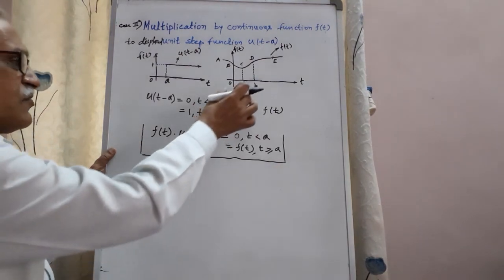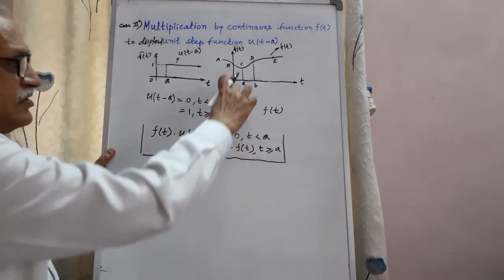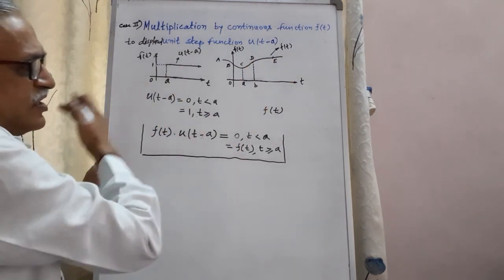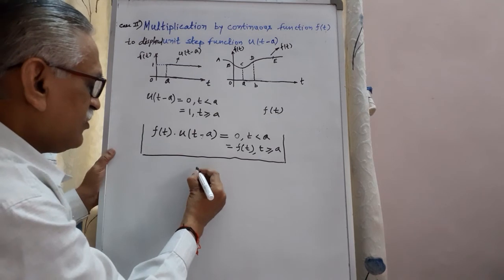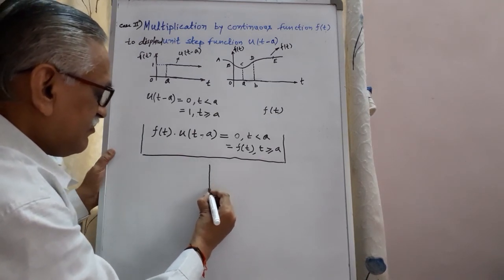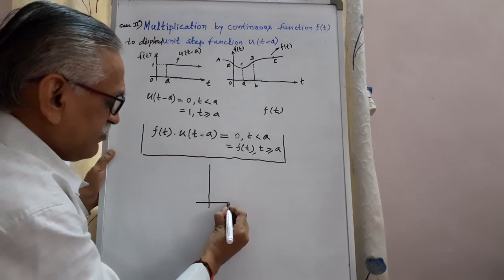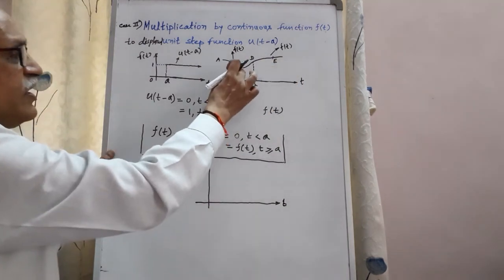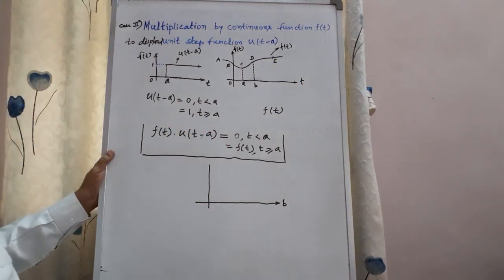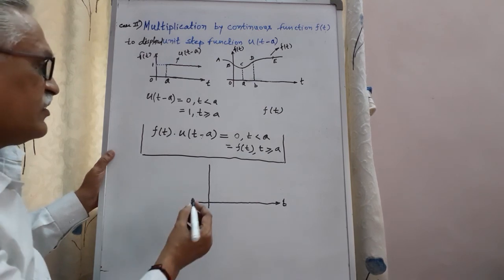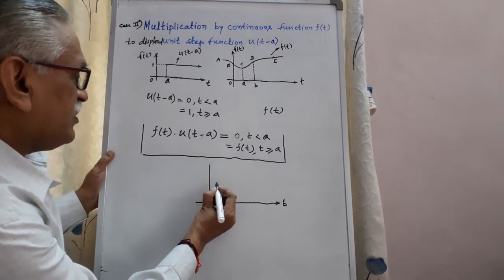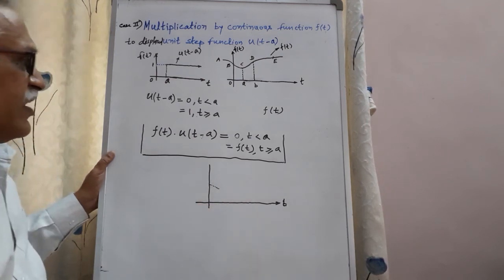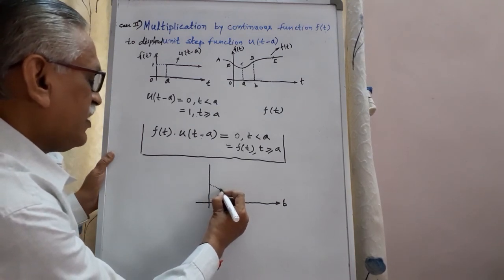The same we can represent in terms of figure. Means the part of this continuous function towards left of a vanishes, and therefore the resultant figure we can show like this. Same figure, but we have to remove this part which is on left hand side of a. Therefore, that point B to C vanishes.